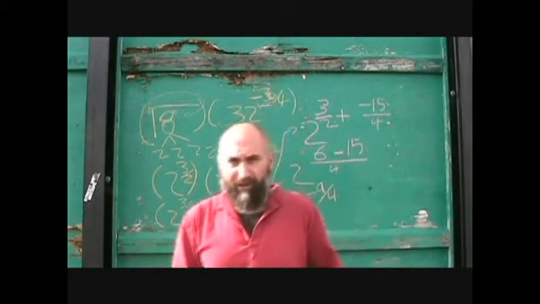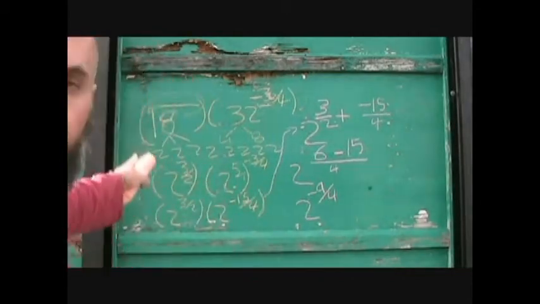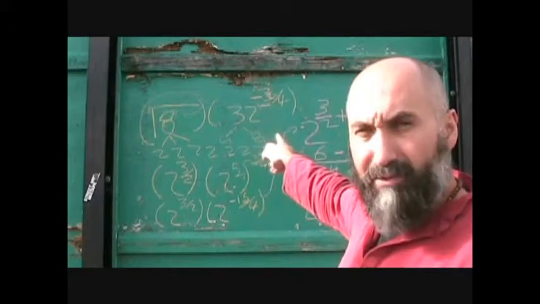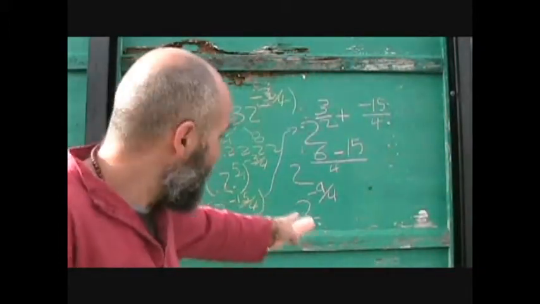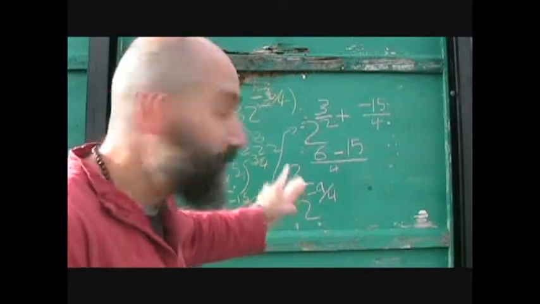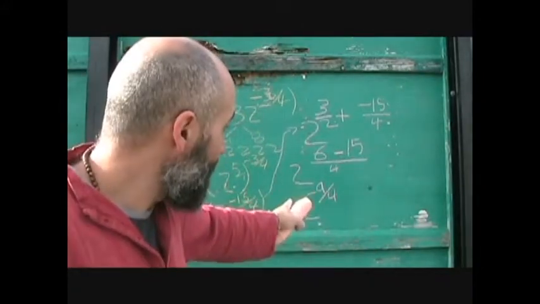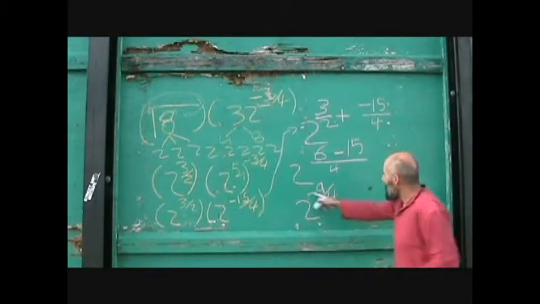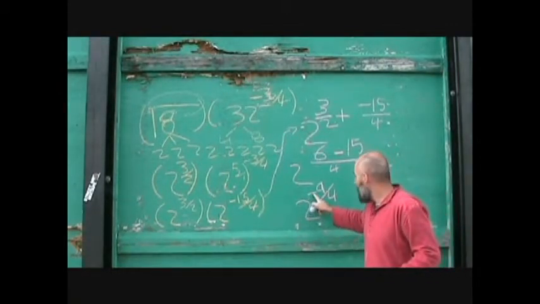So the answer to the original question, which was what's the square root of 8 times 32 to the power of negative 3 over 4, is 2 to the power of negative 9 over 4. Now sometimes in the questions they give you in school or doing a test, they'll say they want it to be positive powers only. So if you want to convert this to the positive power only, the negative power here doesn't flip this.